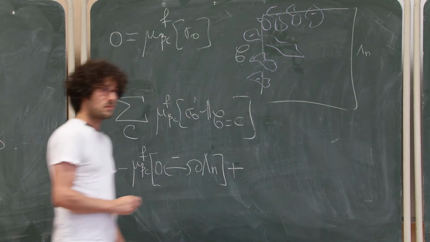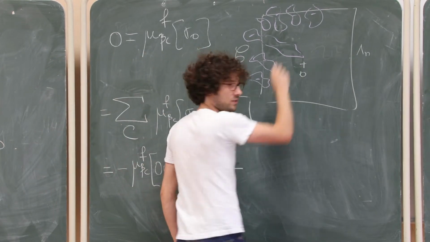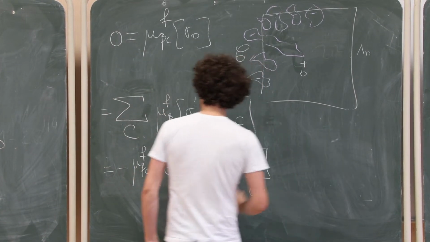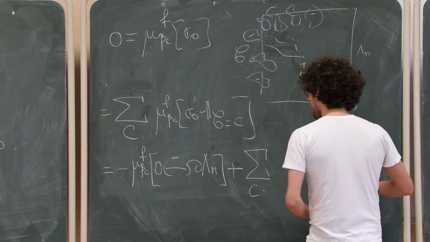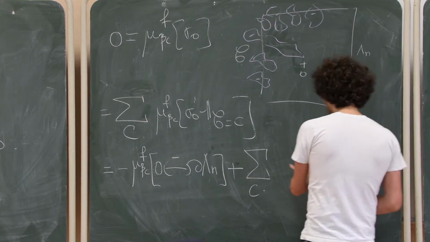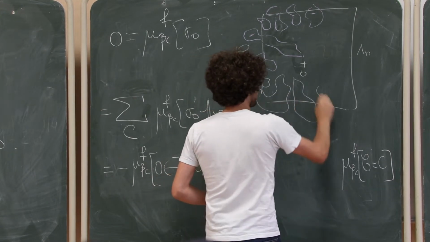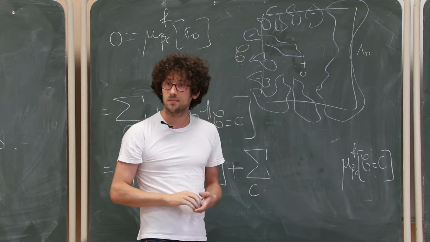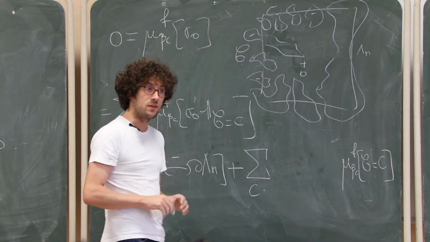If this is not the case, then 0 is in the complement of these clusters. But what is the measure if I condition on C equals C? What is the measure on the remaining sites? Conditioning on C equals C is a little bit like what we did for Bernoulli percolation.